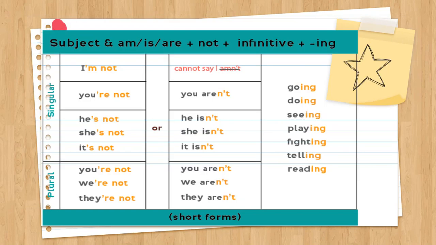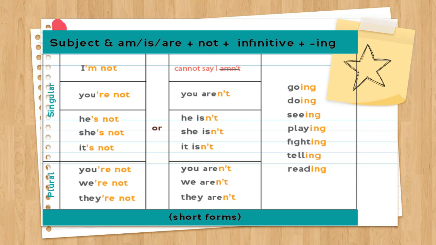Now in this chart you can see the ways in which we can construct negative sentences. This is a review for some of you, but it is very important to remind those forms. I'm not, you cannot contract I'm not in this way.